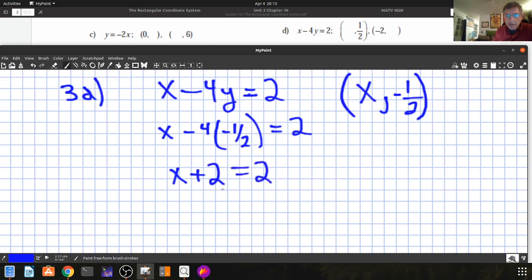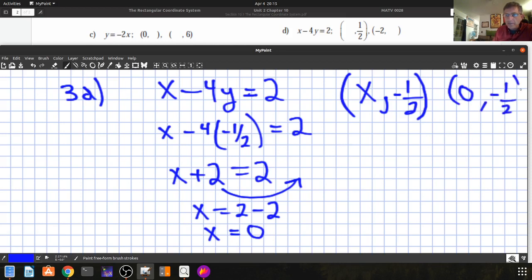So now what I do is I move the 2 to the other side. So I have x is equal to 2 minus 2, which gives me x is equal to 0. So I discovered that 0 and minus 1/2 is an ordered pair solution to this equation in the variables x and y.